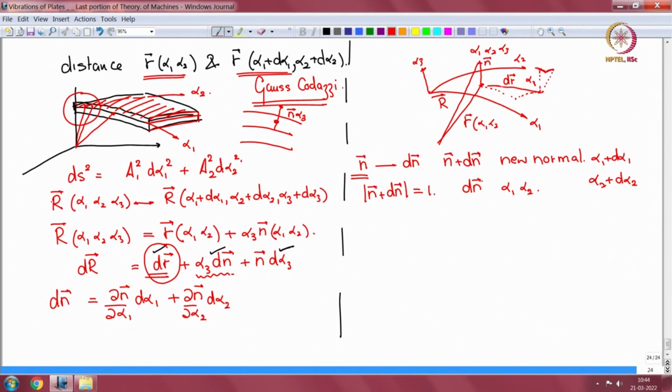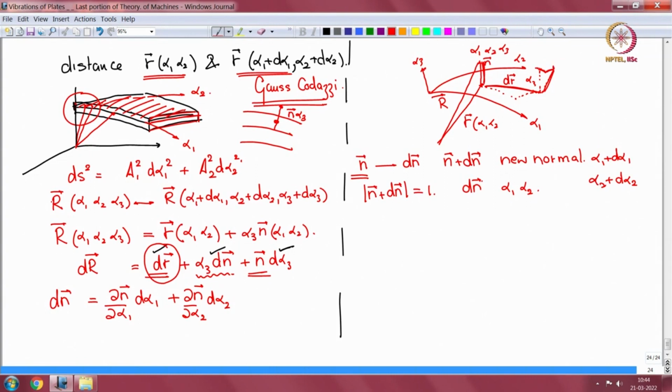So this dr plus that is alpha 3 dn, then further I do original n bar d alpha 3. So original n bar is this direction, I do d alpha 3 in a small amount.